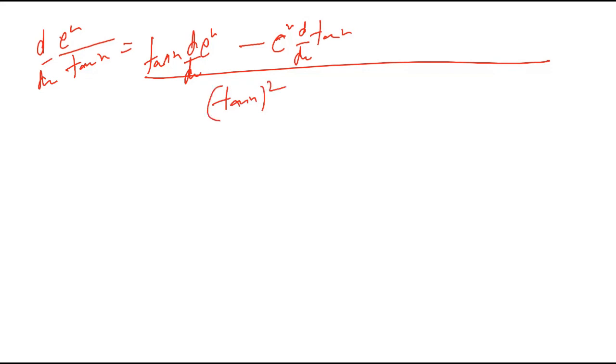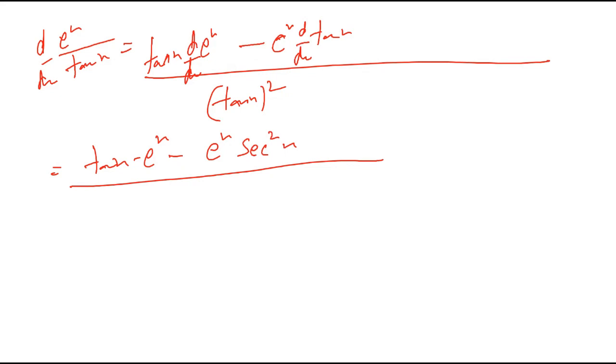Now tan x will remain as it is, and the derivative of e raised to power x will be e raised to power x, because we know that the differentiation of the exponential e^x is e^x. In the second part, e^x will remain as it is. This is f(x), and we differentiate tan x, which will give us sec square x, because we know the differentiation of tan x is sec square x.